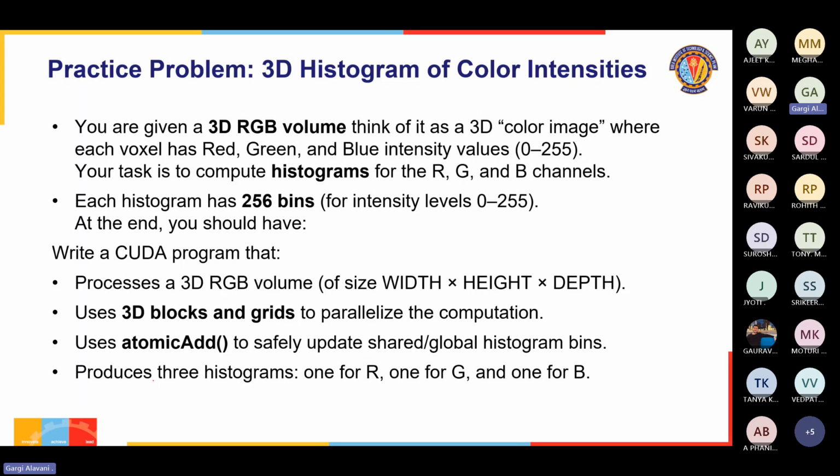Each histogram will have 256 bins, and you will have to write a CUDA program that takes this 3D RGB volume of width, height, and depth, and uses 3D blocks and grids to parallelize the computation of the histogram. You can use atomic add to safely update some shared or global histogram fields. In the end, you should be able to produce 3 histograms, one for red, one for green, and one for blue.